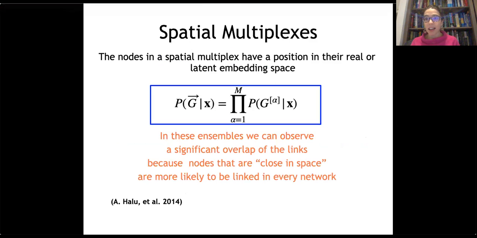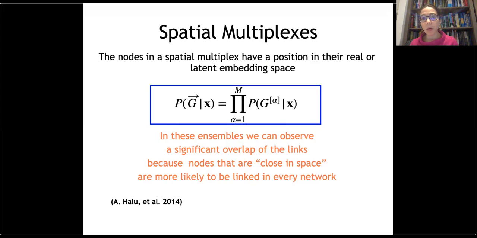Interesting, as a note, we observed that we can have spatial multiplex networks in which each layer is drawn randomly, independently, but each layer is conditioned on the same latent variable. So for instance, every layer is spatial in some sense, and it favors a connection between nodes that are close in space.